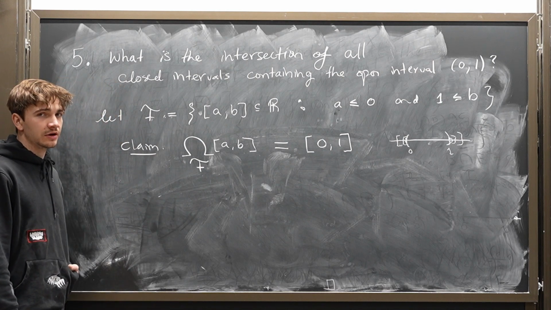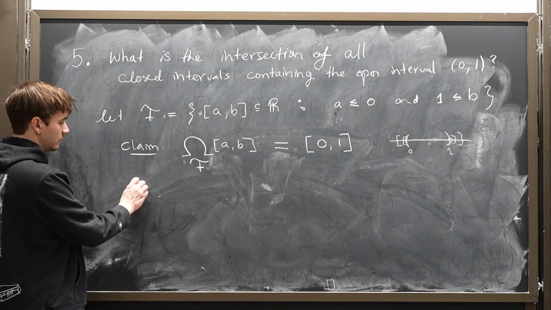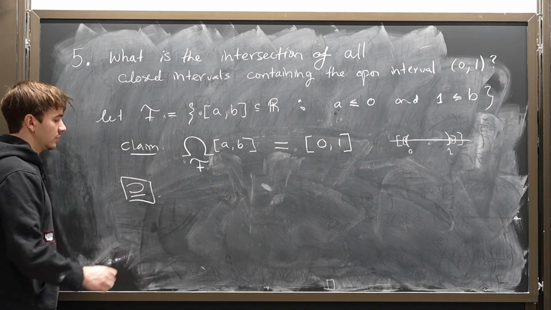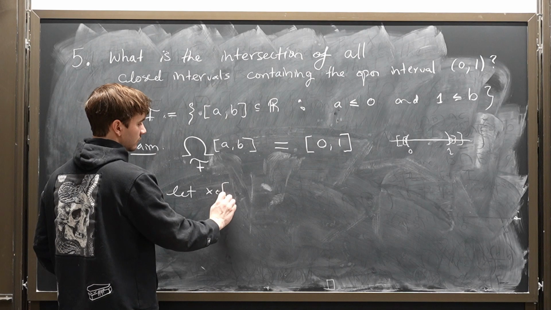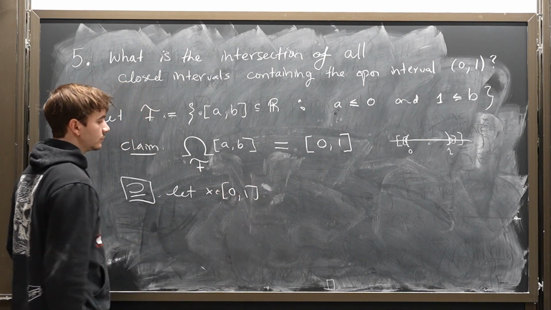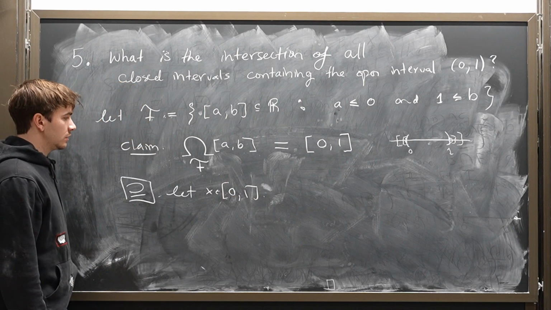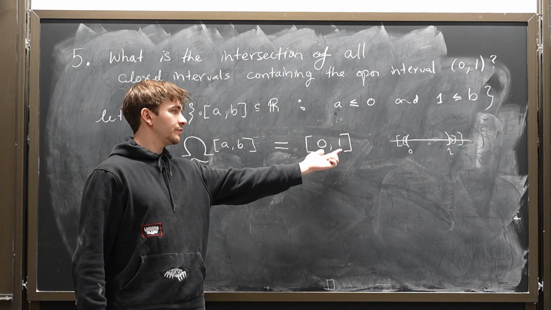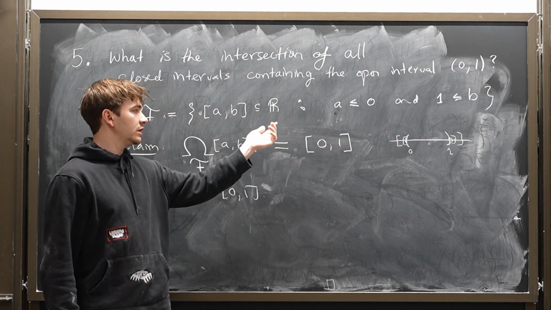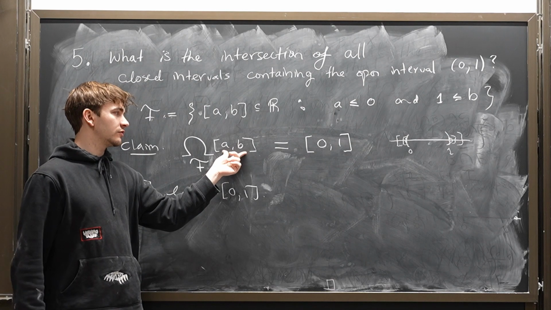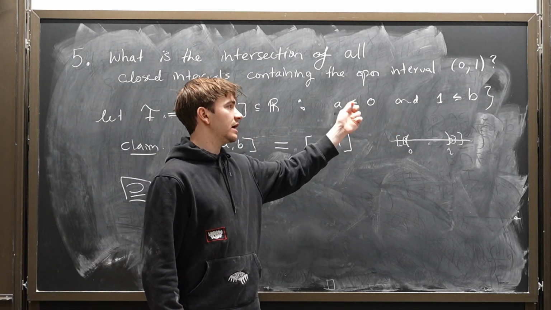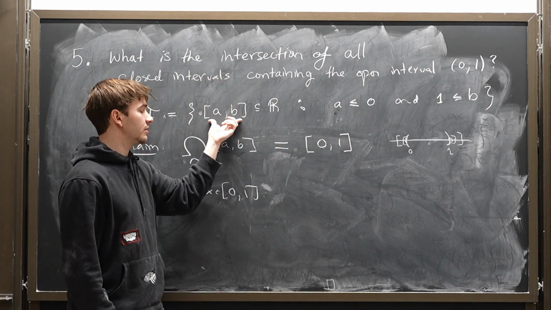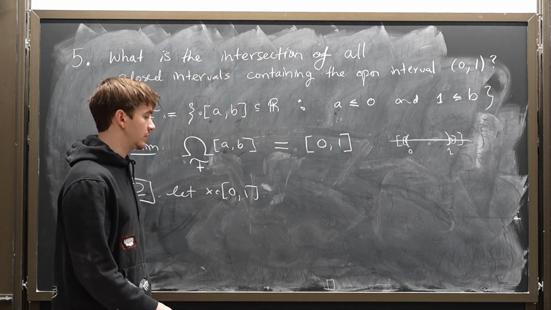To prove that two sets are equal, I need to prove both inclusions. So let's start with this direction. Let x belong to the interval [0, 1]. Well, if x belongs to this interval [0, 1], then clearly it must belong to any interval of this form by our definition of A and B, since this interval [A, B] contains the closed interval [0, 1].